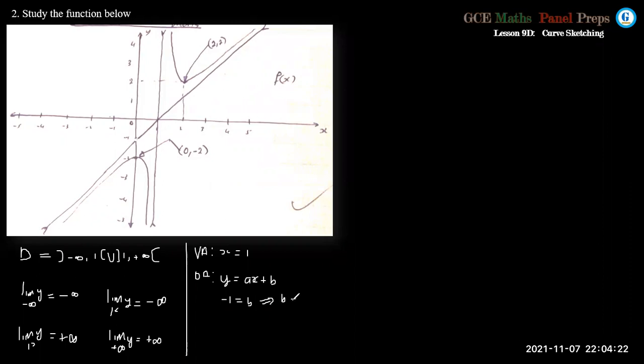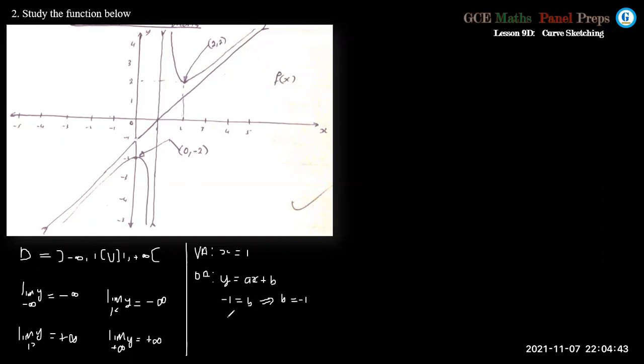Now we need to look for a. We look at another point for that oblique asymptote. This oblique asymptote also passes at this point. Can you see when x is 1, y is 0? It passes here also. So when x is 1, y is 0.